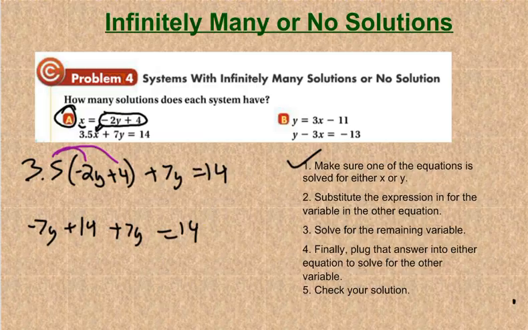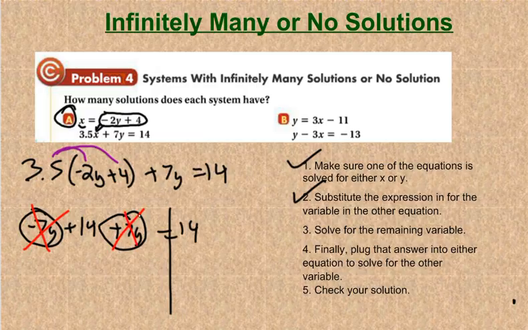If there are variable terms on the same side, we can combine them. We have a minus 7y and a plus 7y, and that makes 0y. Those are gone. So we just have 14 left, and that's equal to 14.